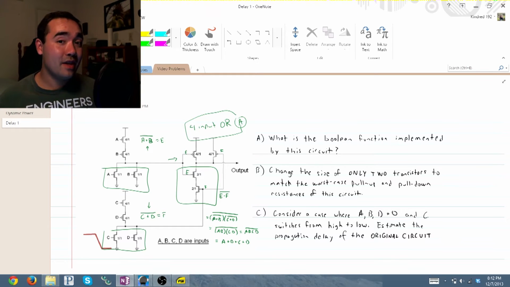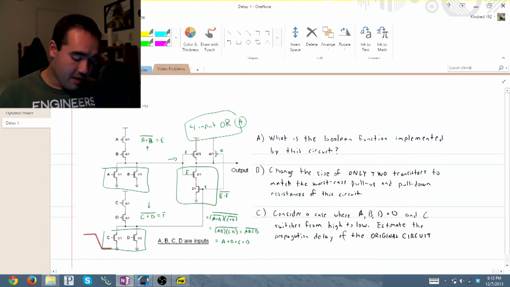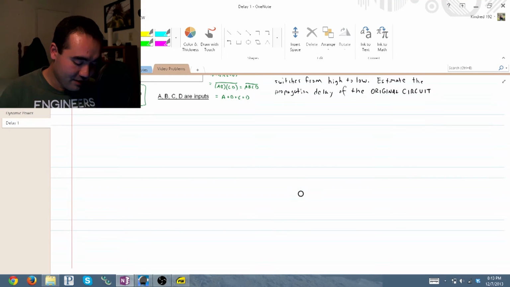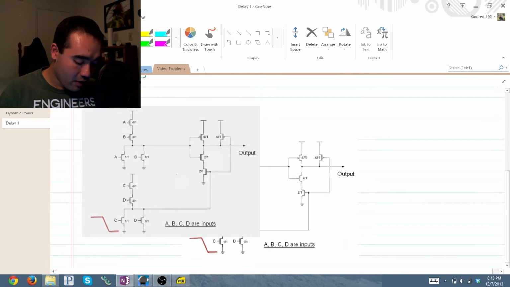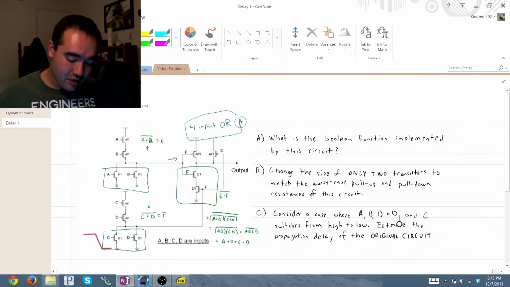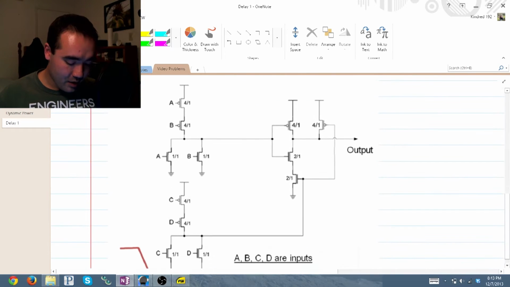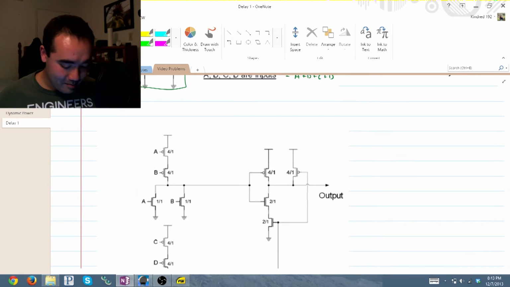Let's go ahead and see what's going on with our equivalent resistances. So, starting part B, I'll copy the schematic and paste it down below. To figure out which transistors we want to change, we're going to have to look and see what our resistance values are in the first place. So, let's zoom in, and I'll look at this again one stage at a time.